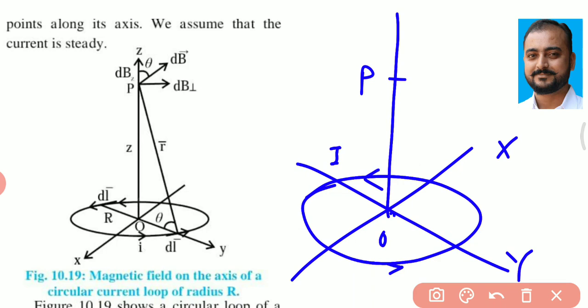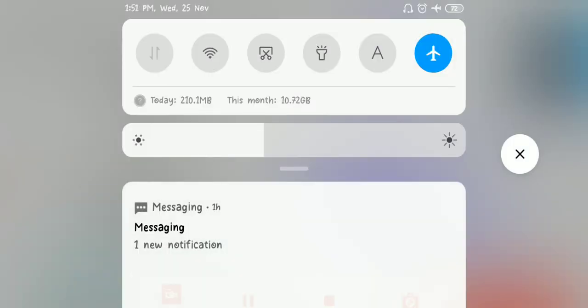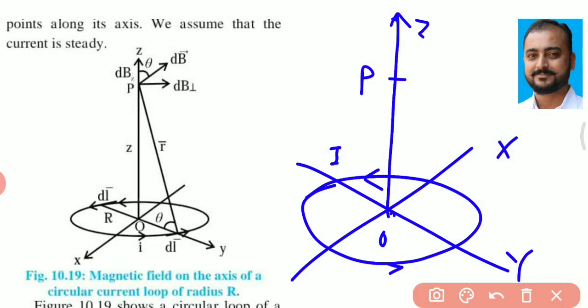Which axis is this? This axis is nothing but your z axis. So let this point P be joined by this line. Let me consider this point at Y and join it like this. So it makes an angle theta. What is theta? Theta is the angle made by the line joining the point P and the circular loop.